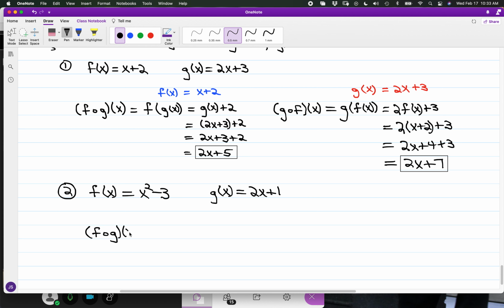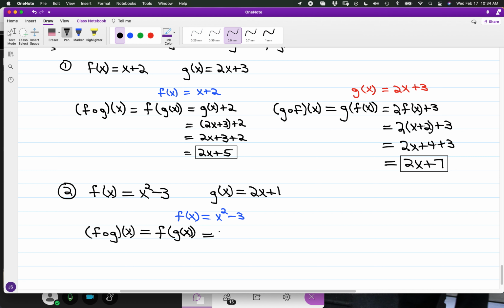So we have f composed with g of x, so we have f of g of x. This is our functional notation. In terms of what to do with g of x, we have the dependent function f, and f of the input is equal to the square of the input minus 3, with the input at g of x.